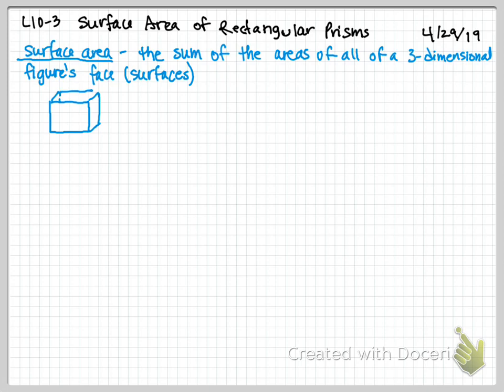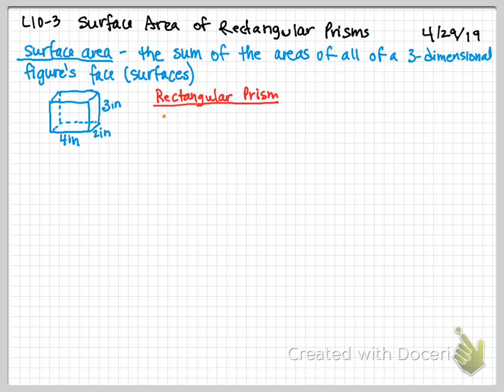Okay, so put in my Superman vision. And we're going to add some numbers here: 4 inches, 2 inches, and 3 inches. So again, we're talking about a rectangular prism today. We'll talk about triangular prisms in another set of notes.